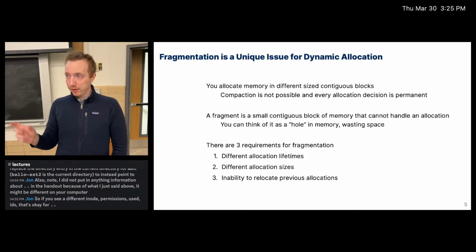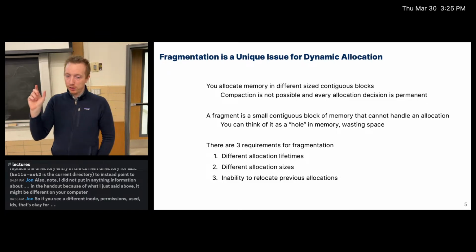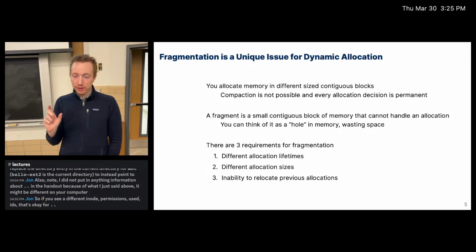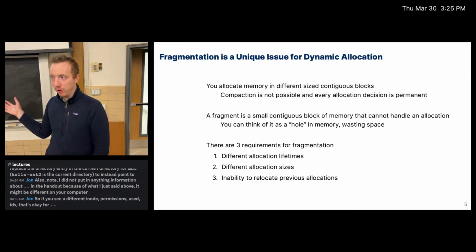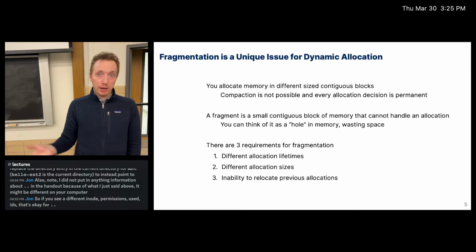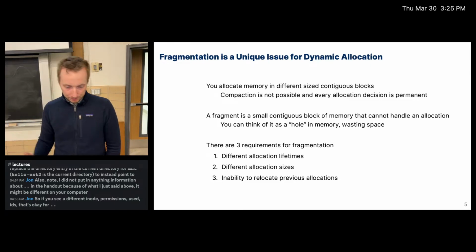A fragment is essentially wasted space, a small contiguous block of memory that can't handle any allocations. It's not useful anymore. Or you can think about it in the file system sense where I'm not using a whole block, only a bit of it, so I'm wasting memory.